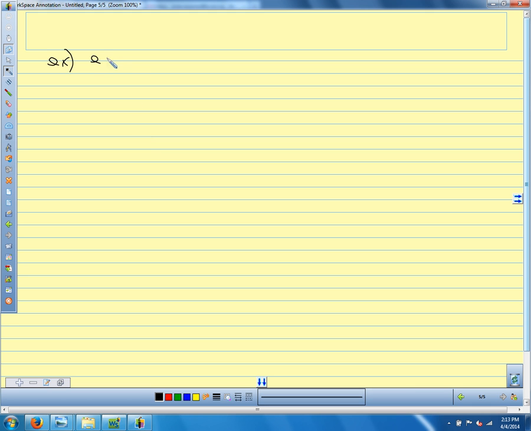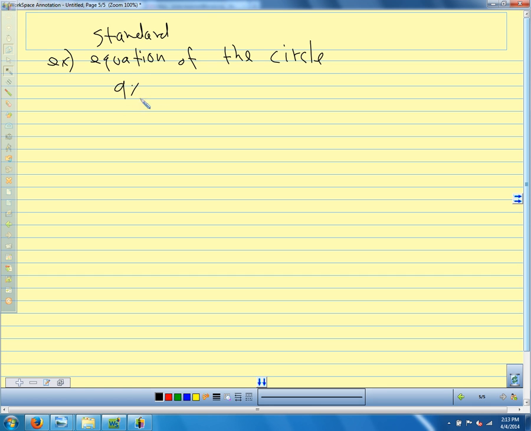Alright, let's find the equation, we want the standard equation of the circle, and here's my equation of a circle not in standard form.